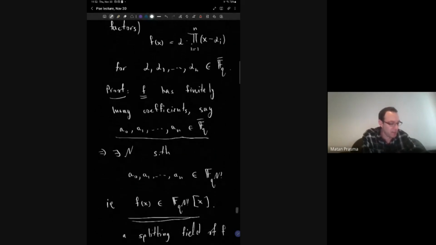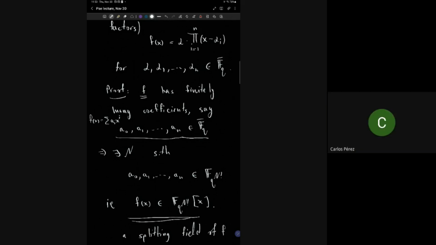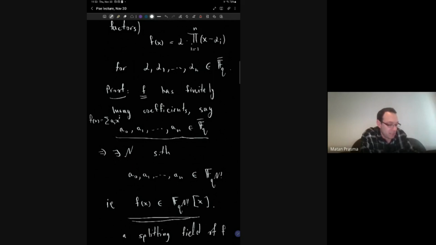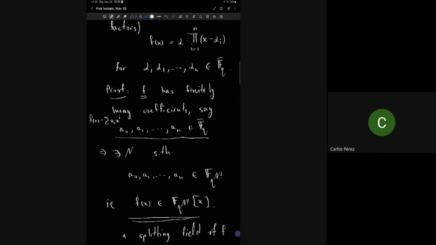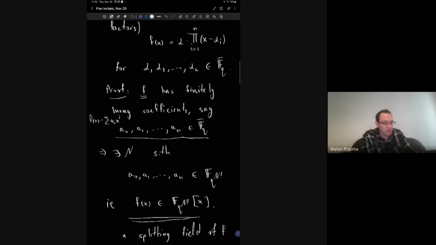f has finitely many coefficients. Let's say f is equal to the sum of a_i x^i. And all of the coefficients a_0 up to a_n, by definition, are elements in the big field F_q bar. But what is F_q bar? F_q bar is the union of all F_q^{n factorial}, n equals 1 up to infinity.